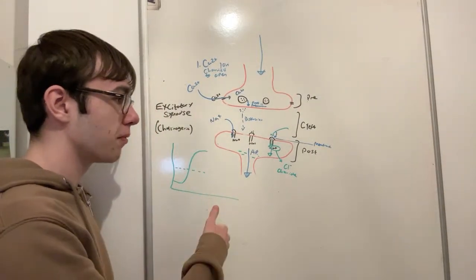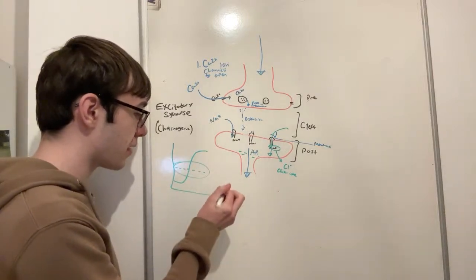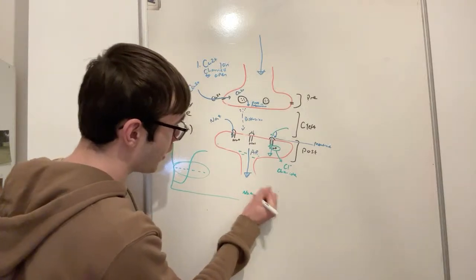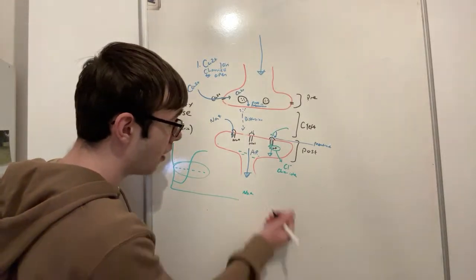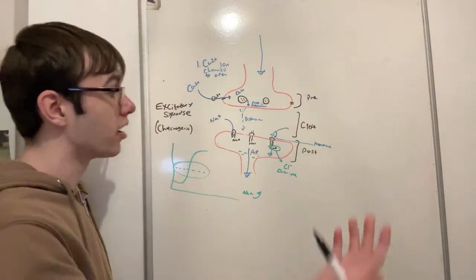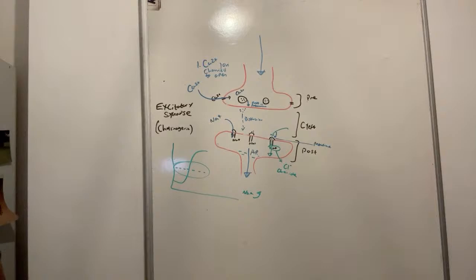This is an example of positive feedback, which we have just covered. Positive feedback, in this example, is where when a few Na+ ion channels are open, more will open in correlation to the scale of the stimulus. So I think this is a really simple concept.